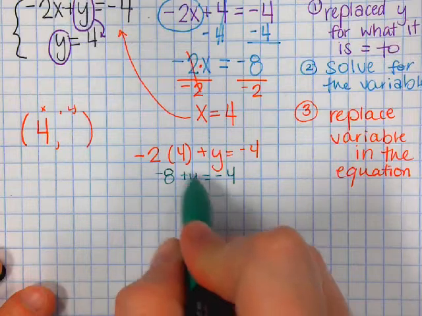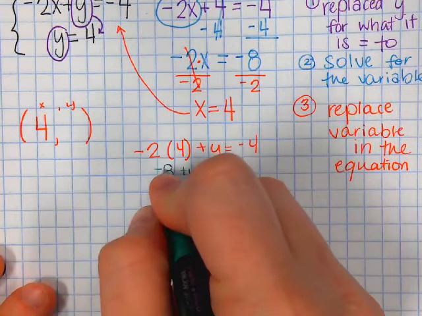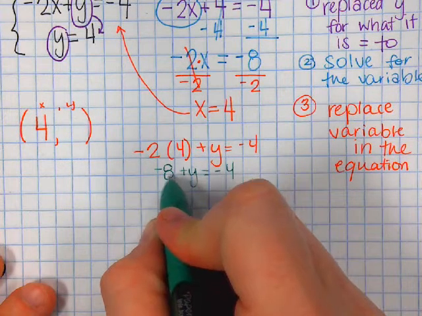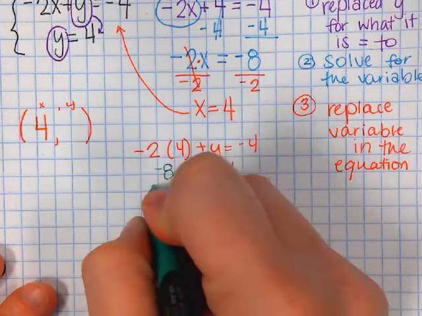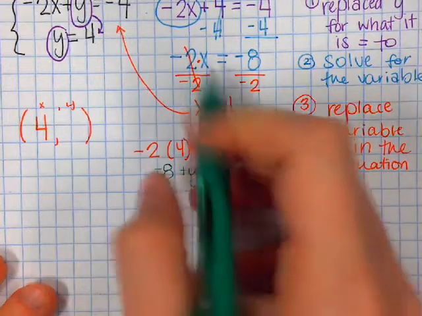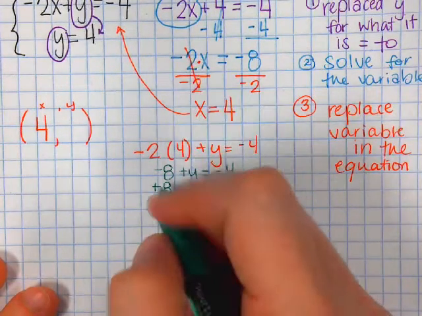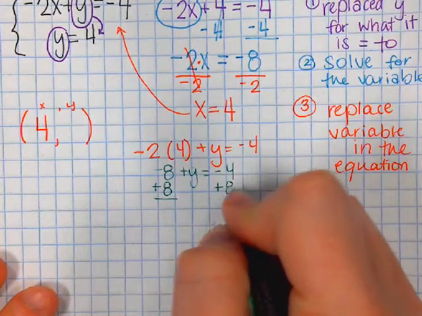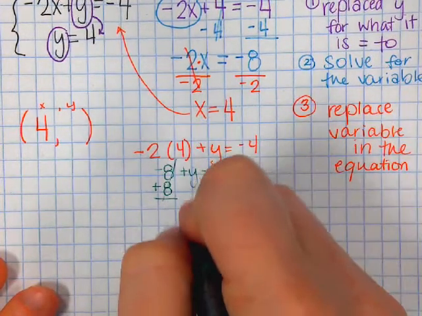Then we need to solve for y. Now notice this one is negative 8 plus y, so that's why we're going to add 8. It's not a times like there was right here. So add 8, add 8.